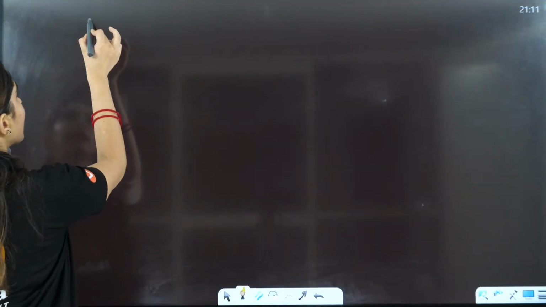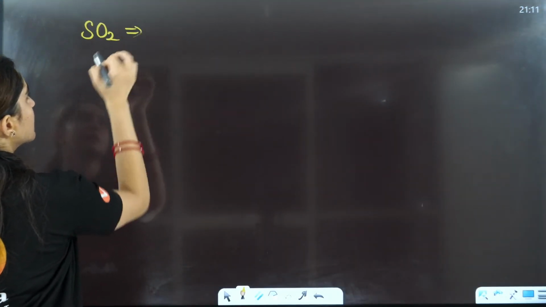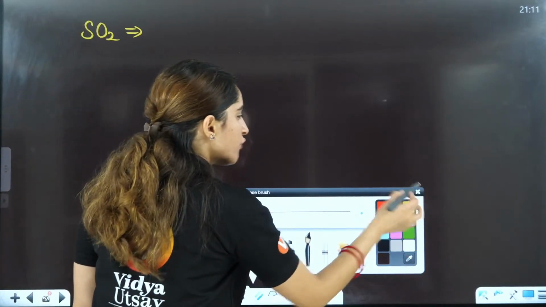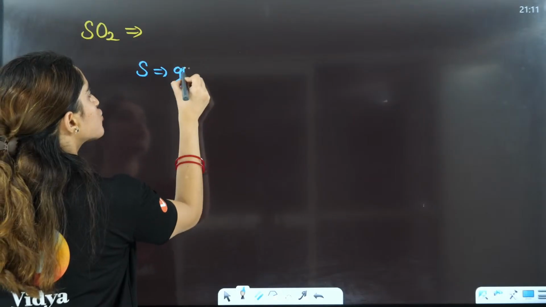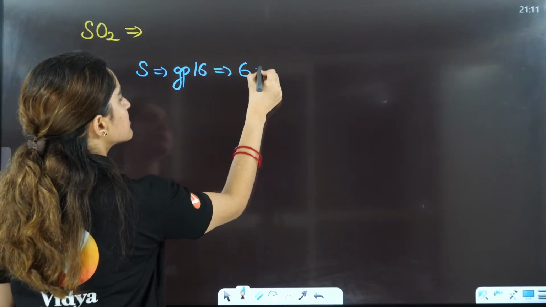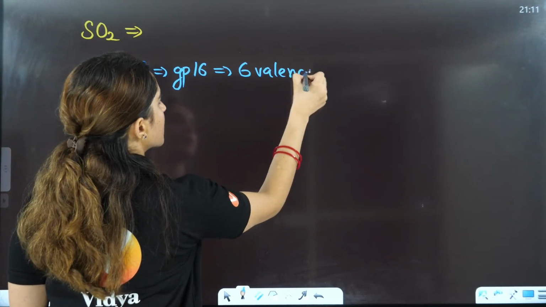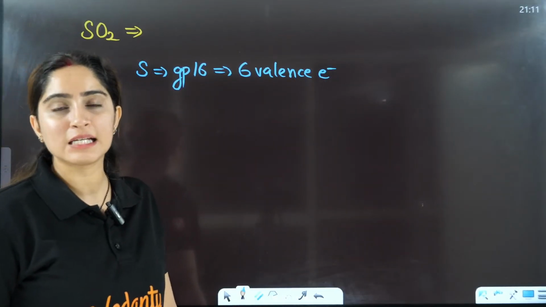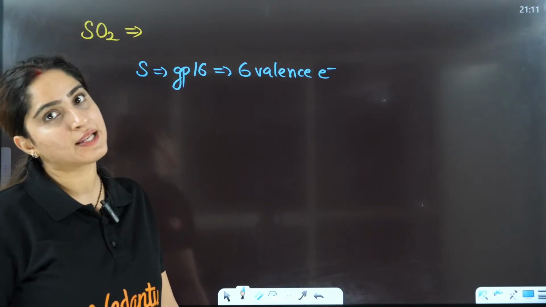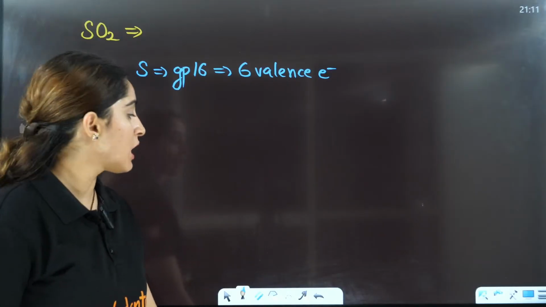If you talk about SO2, do we know one thing, that here you have sulfur that belongs to group number 16 and it has 6 valence electrons. It has 6 valence electrons, isn't it? Yes, it has 6 valence electrons, that we are clear about.